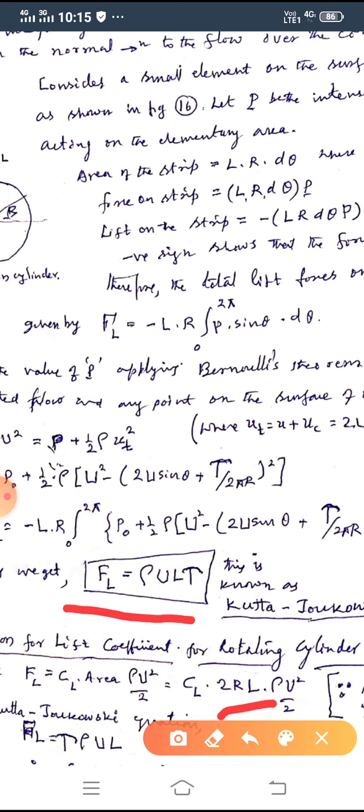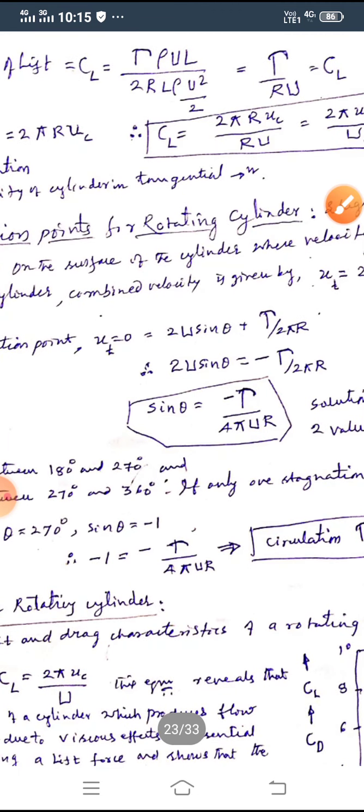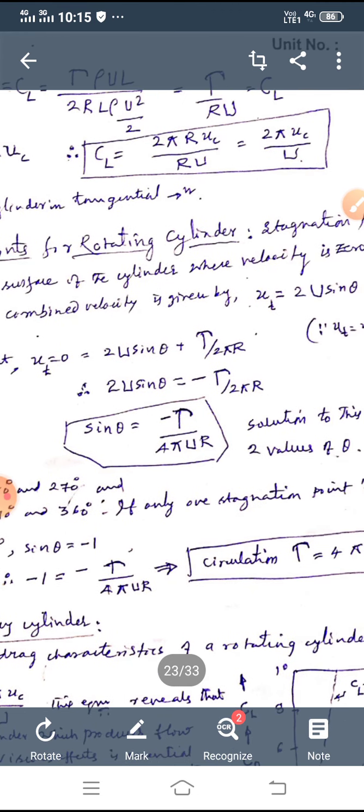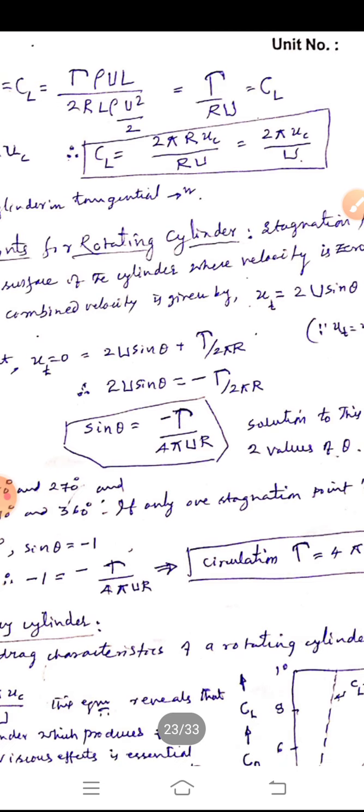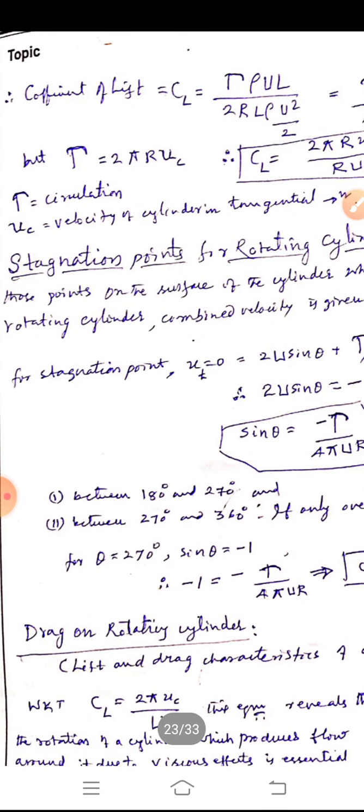Another one is CL times 2RL times rho u squared by 2. Thereby we get CL, the coefficient of lift on the cylinder, is equal to 2 pi R Uc divided by R U. If you simplify, you will get 2 pi Uc by U, where 2 pi R Uc is nothing but the circulation which is imparted to rotate the cylinder.